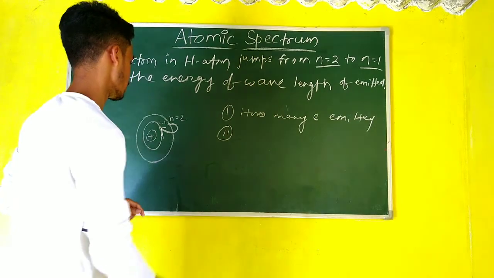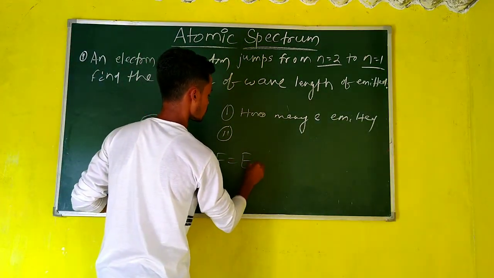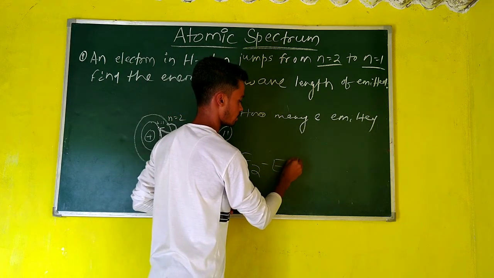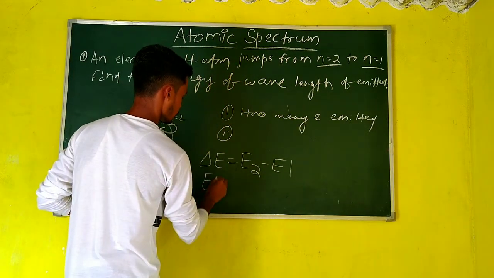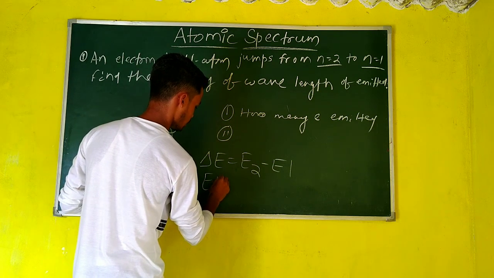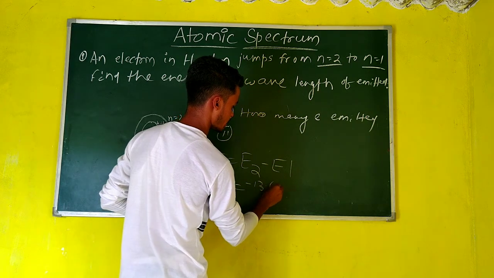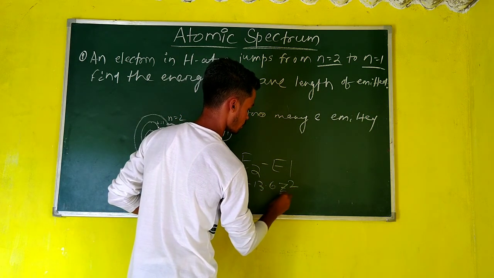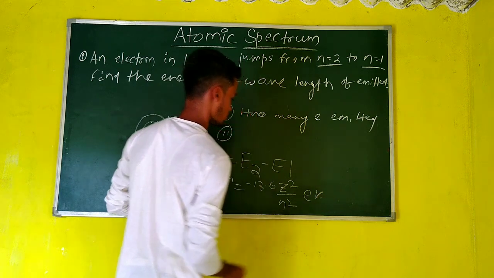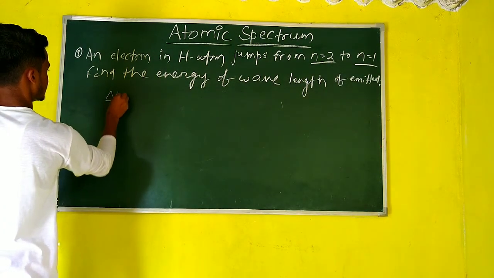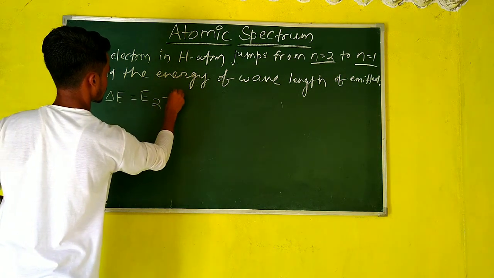Okay, so students, total energy delta E equals E2 minus E1. Energy for the nth shell equals minus 13.6 Z square by n square electron volt. So delta E equals E2 minus E1.